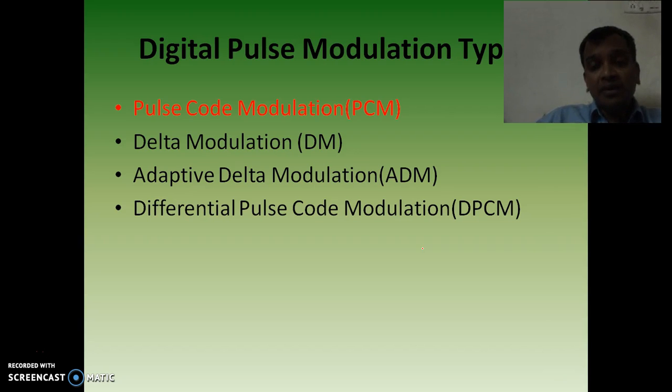You have linear predictive modulation, then adaptive differential pulse code modulation, and so on and so forth. Today we'll discuss mainly the pulse code modulation technique, how the analog signal will be represented completely in the form of pulses, that is ones and zeros.